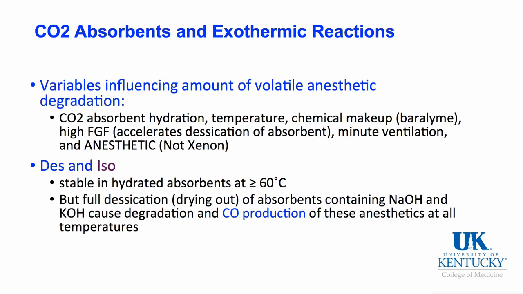Now, the CO2 absorbent is a problem because there are exothermic reactions that occur in it. Some of the variables influencing the amount of volatile anesthetic degradation include the hydration of the CO2 absorbent. If it gets dry, if you leave fresh gas flows at 10 liters when you finish up a patient, wake them up, and then leave the room and don't come back till Monday morning, and 10 liters of oxygen have been going through the CO2 absorber and it's dry, you should change it out and put a new one in.